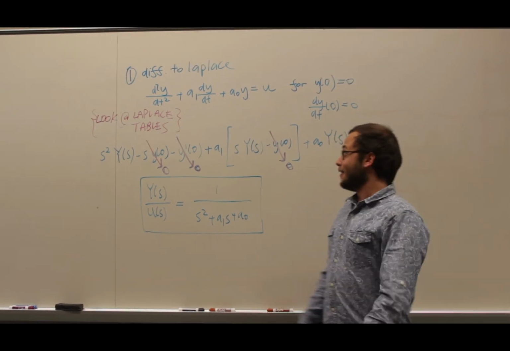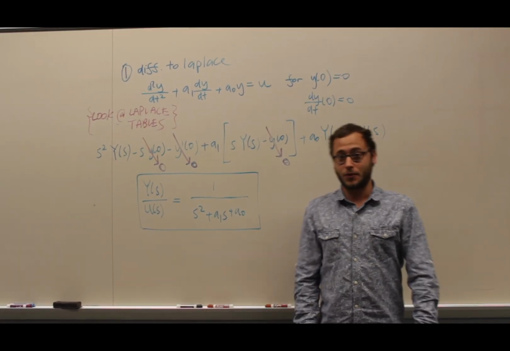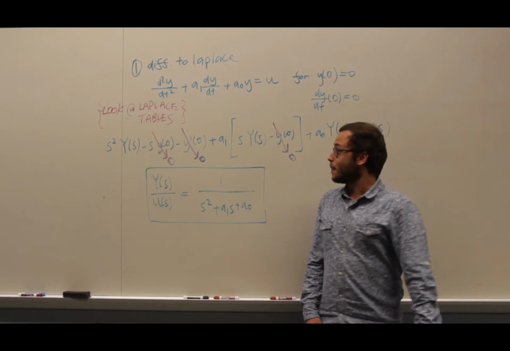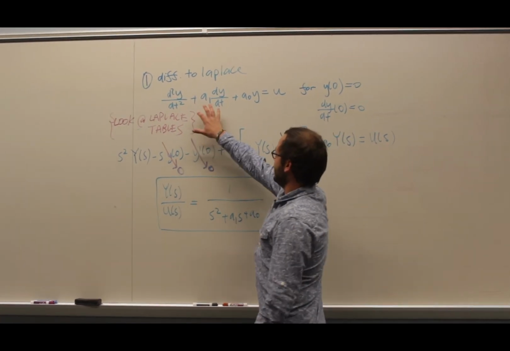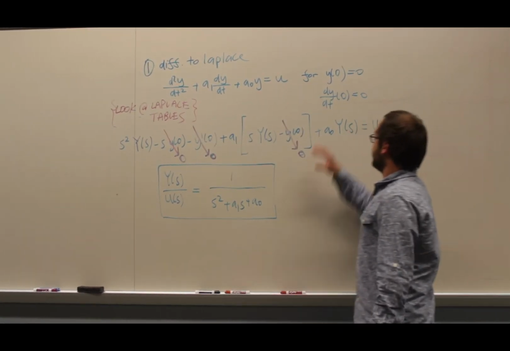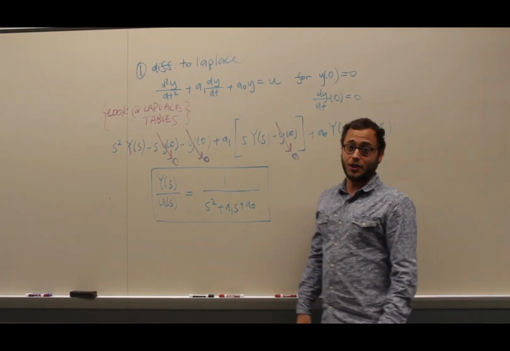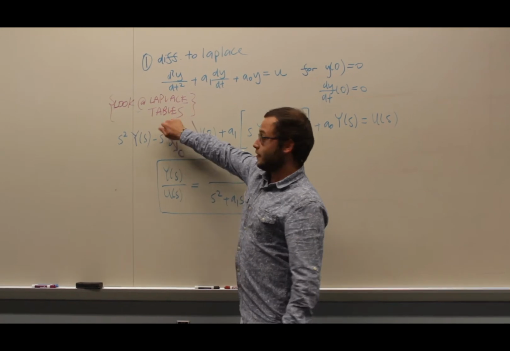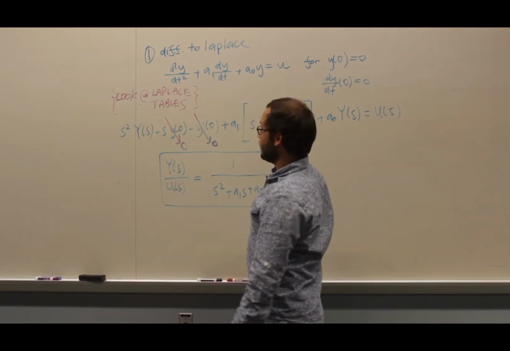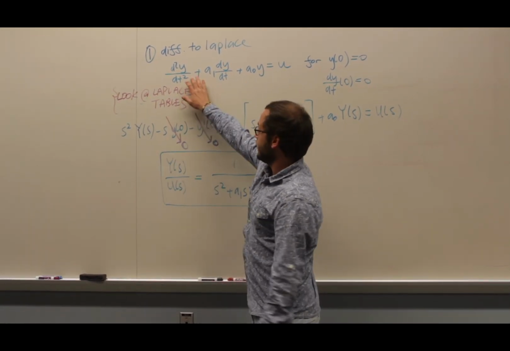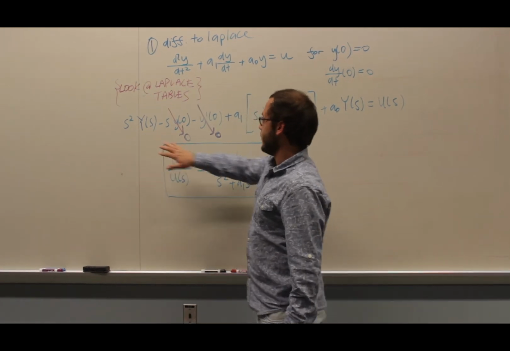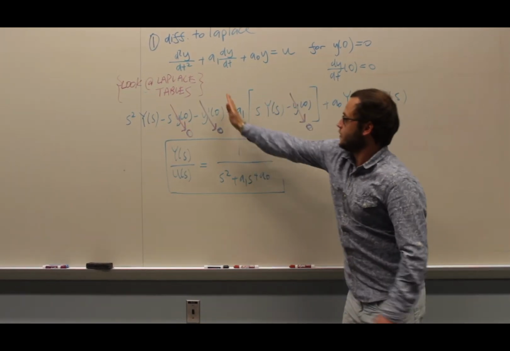Hey guys, today we're going to talk about how to transform differential equations to Laplace transforms. So we have a differential equation which is defined as this one, and we're going to try to solve it for the initial conditions of zero. And one trick that you need to know is to look at Laplace tables. Because when you look at the Laplace tables, the second derivative is defined as s squared Y of s minus s by this one.